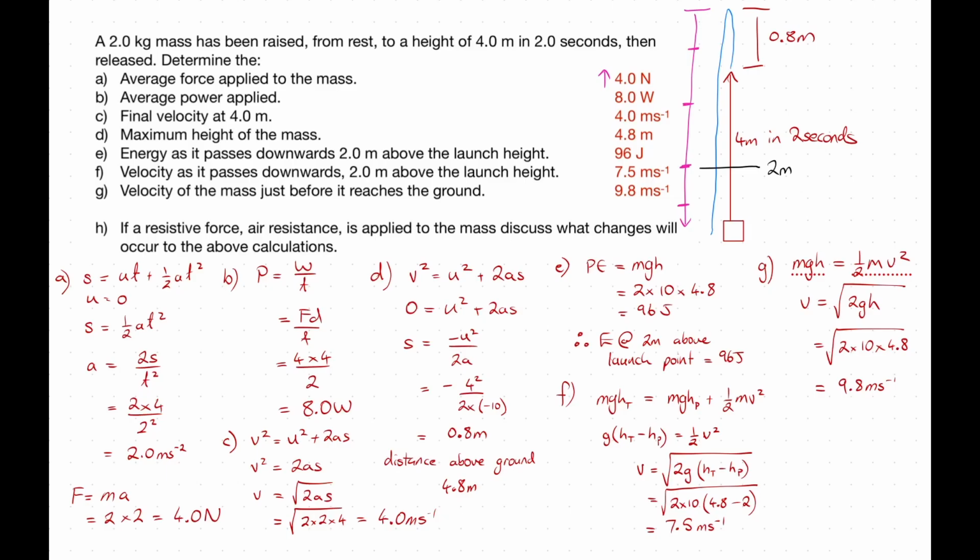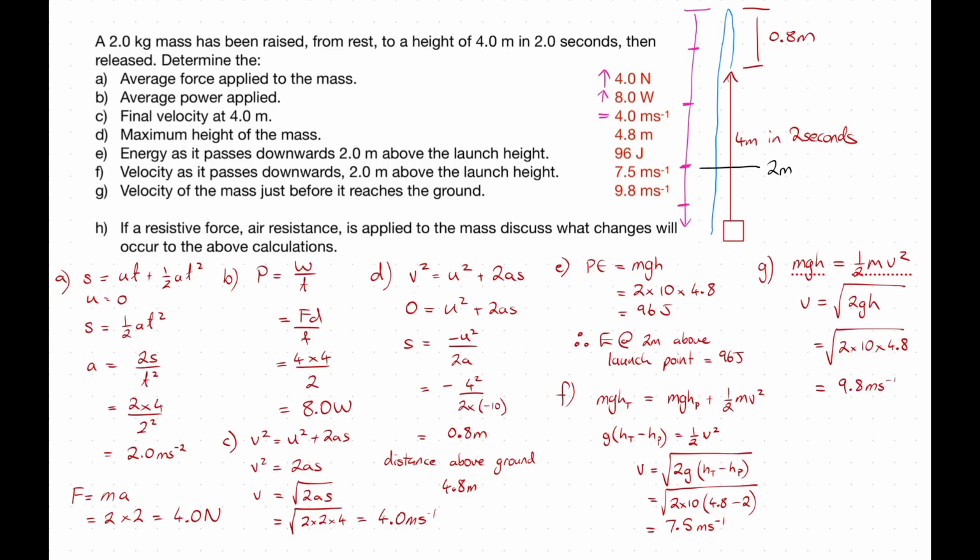If we increase the amount of force provided, the displacement and the time are the same, so that means our work is going to increase. The final velocity, though, is going to be the same, mainly because we've achieved the 4 meters in 2 seconds. We just oppose the work. So that one is actually going to remain the same.